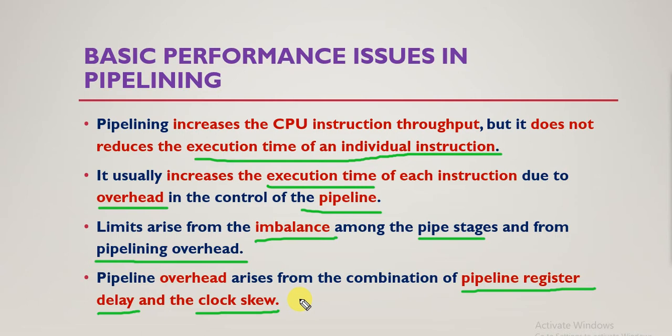So due to the pipeline register delay and clock skew, a lot of overhead arises in the pipeline, and due to this overhead the entire performance of the computer system is affected. It will reduce the parallelism by taking more time, so it slightly affects the throughput of the entire system.